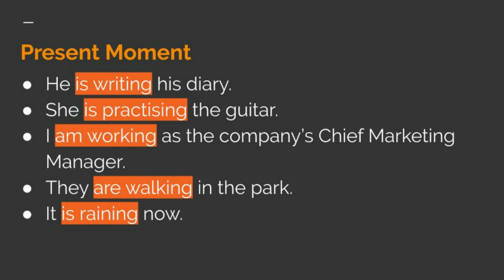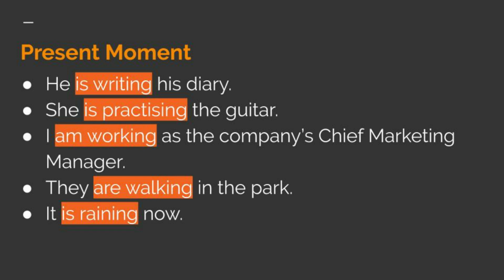I am working as a company's chief. You remember, I and am always go together. Okay, so if there is I in the present continuous form, I is followed by am, and the verb work takes ing as the suffix. Then, they are walking. It is raining. Is and ing with rain.